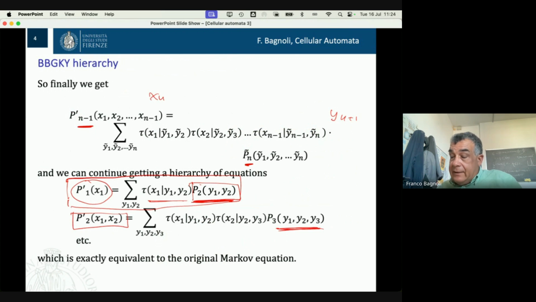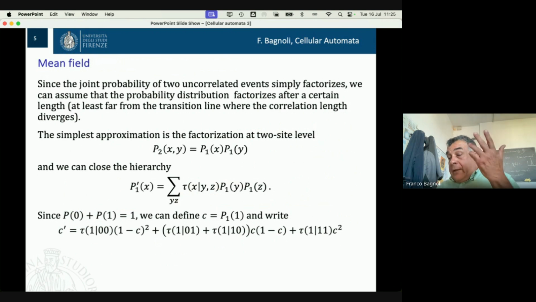And this is exactly equal to the original Markov equation, and sometimes it is called, I don't remember, the Bogoliubov hierarchy, which says essentially that also in the Liouville approximation of a dynamical system or in a stochastic system, we can formulate either the Markov equation or this chain of equations.